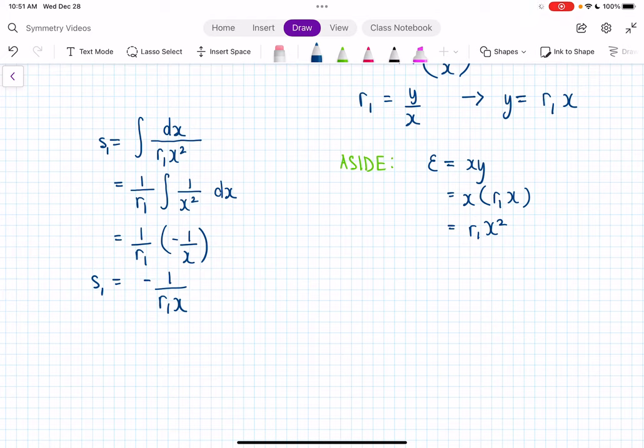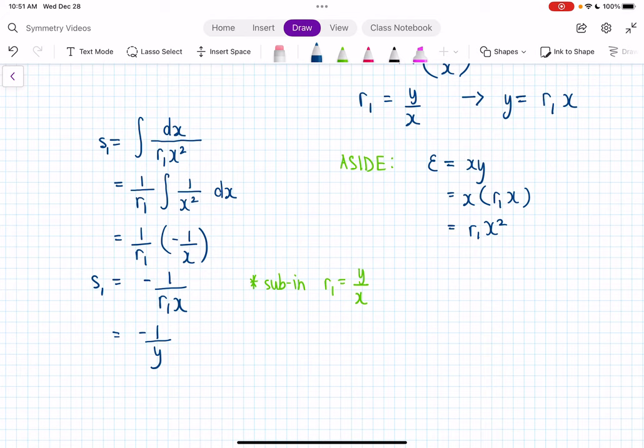But remember, we now sub back in R1. So when we do that, we get S1 is equal to -1 over y.